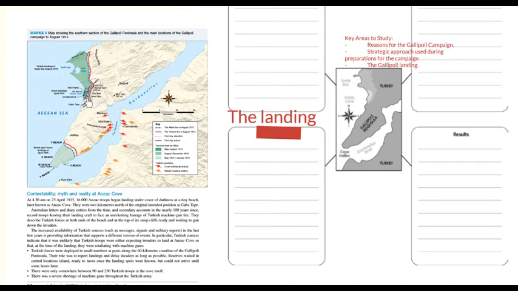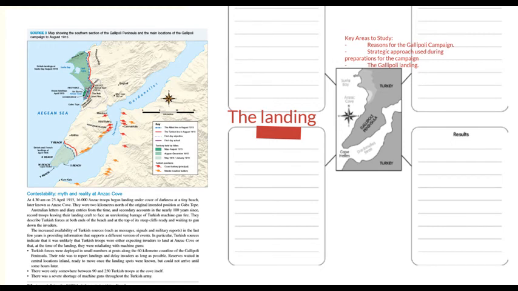Then over the first few months, you can see the Turkish lines in August and the Allied lines in August, and this is pretty much where they stay for the entire time until they leave in December. Down here, this is the British and French forces, and this is where they got stopped. The Turkish had control of all this area.